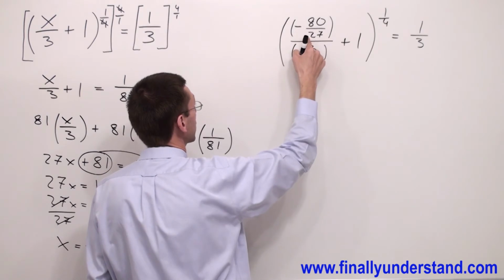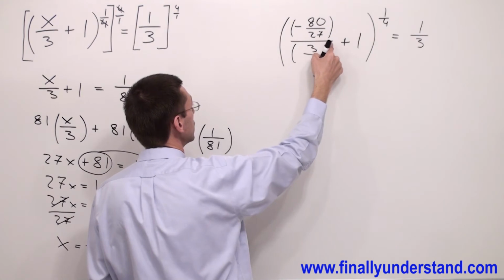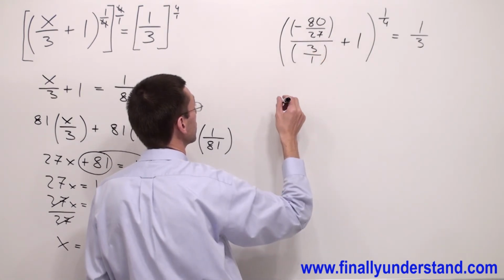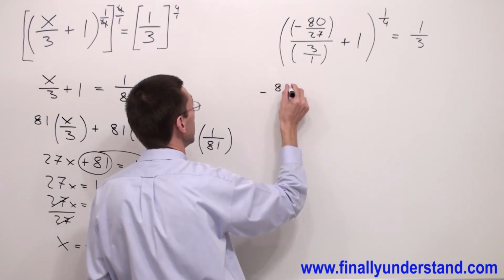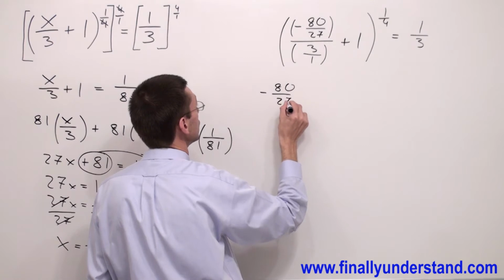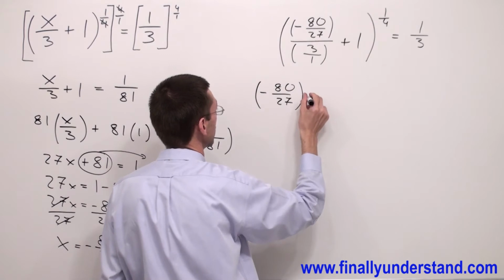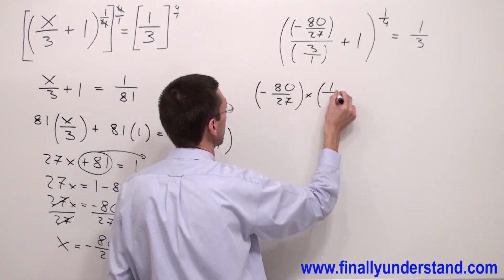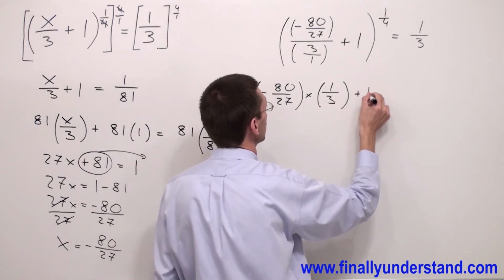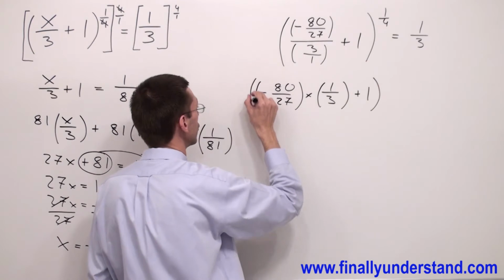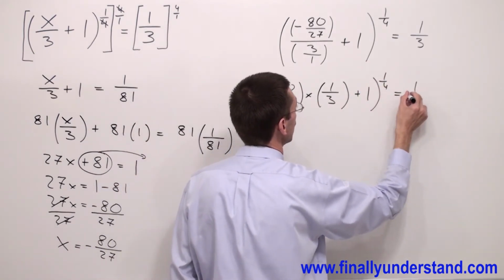Anytime we divide fractions, we have to copy the first fraction down, change the division to multiplication, and flip the second fraction upside down. We have to find the reciprocal of the second fraction. That's why I'm going to have negative 80 over 27, change the division to multiplication, 1 over 3, plus 1, and everything is raised to the power 1/4, equal to 1/3.